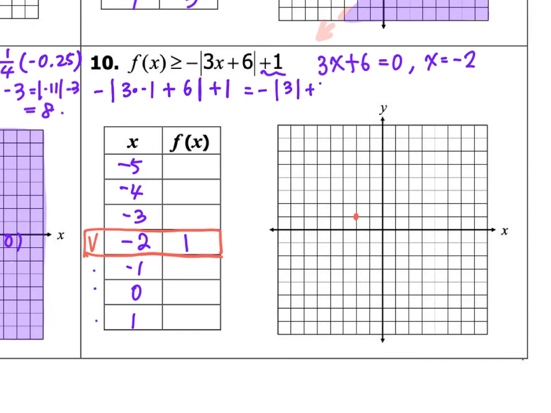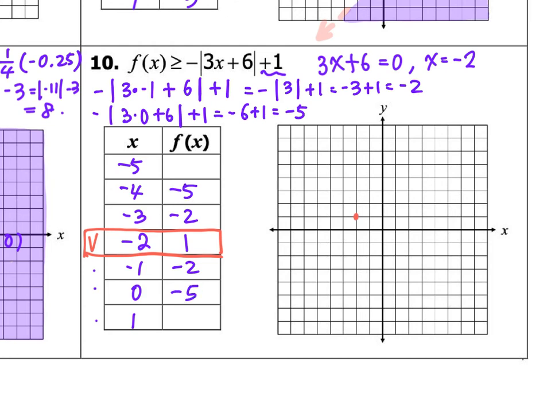Absolute value 3, plus 1. So negative 3 plus 1 is negative 2. So it will be negative 2 here, negative 2 there. And negative absolute value of 3 times 0 plus 6, plus 1. So that will be negative 6 plus 1, which is negative 5. So that will be negative 5.